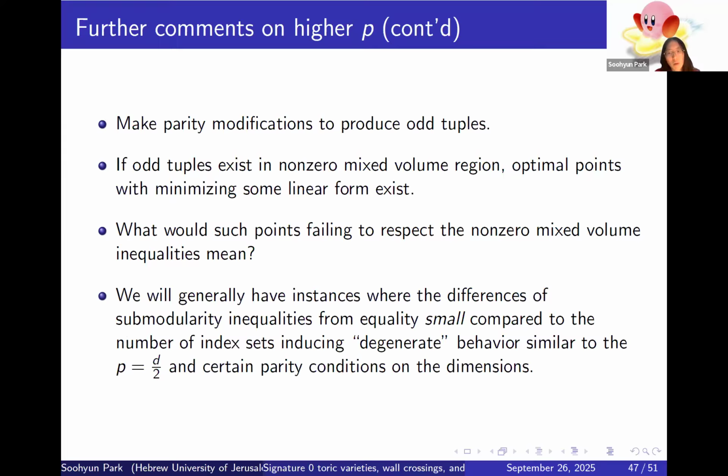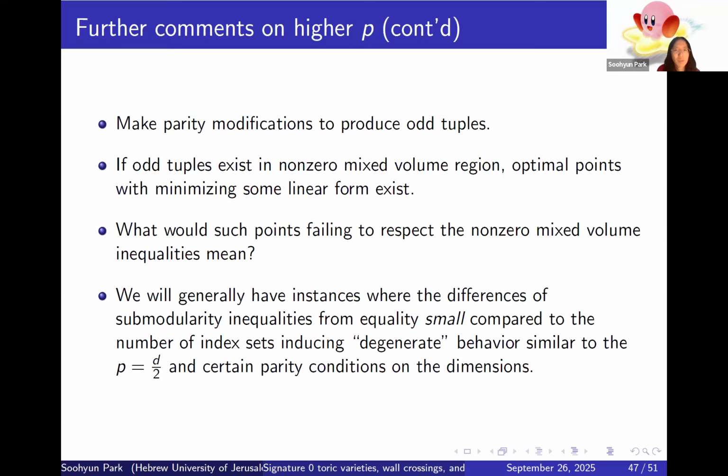We're not going to state the full answer because it's kind of long, but the point is that the differences of the two sides of the submodularity inequality, the rates of marginal increase, are small compared to the number of index sets, producing this p equals d over 2 kind of behavior.